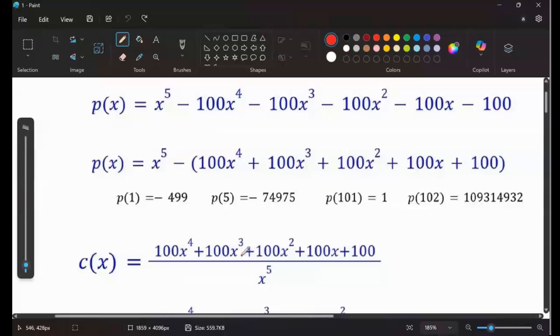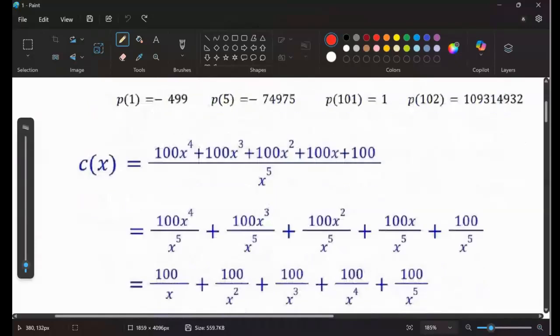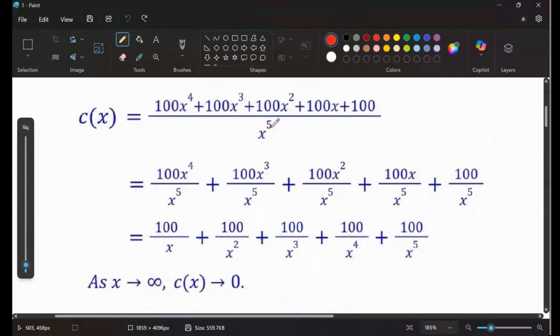So what we can do is use a rational function, kind of a contest function, and I'm going to make a contest between the leading term and all the other terms, and whichever one grows faster will affect this rational function. If x to the 5 is growing faster, then c will go to 0. If the other terms are growing faster, it'll go to infinity.